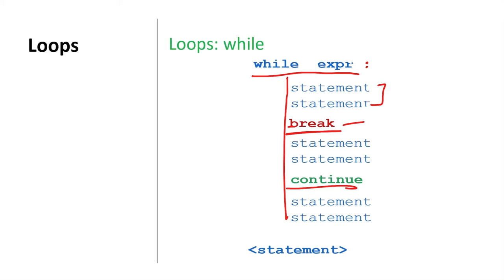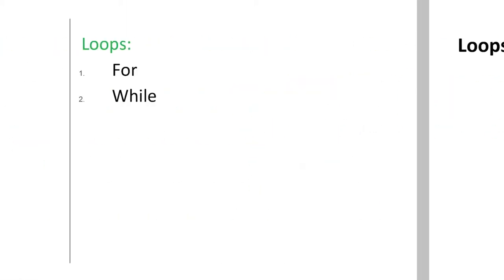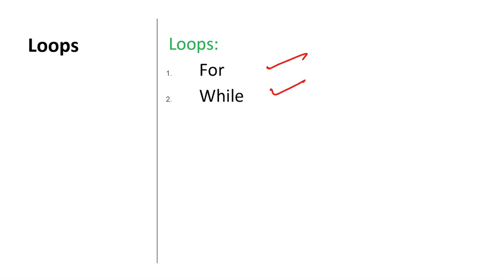If we don't require break and continue, we can just skip these two, and then the ending statement. So this is the basic structure of for and while loops. The structure will be clearer only when we start coding, so in the next video we will look at the coding of these two loops.